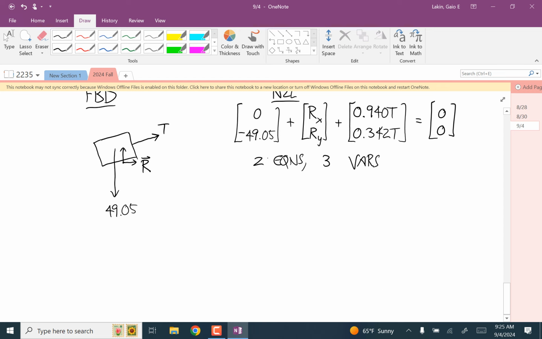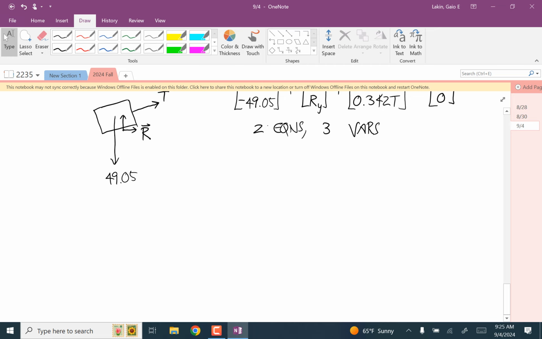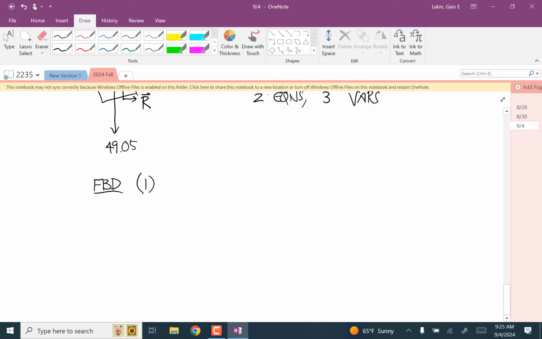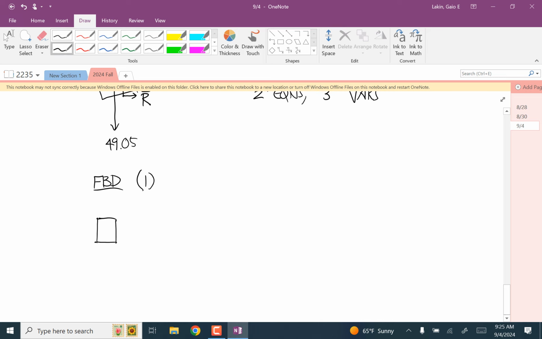So now we're going to draw the free body diagram of the hanging mass. The weight down is 1 times 9.81. The only contact with the surface is from the cable. So that's parallel to the cable, away from the body.